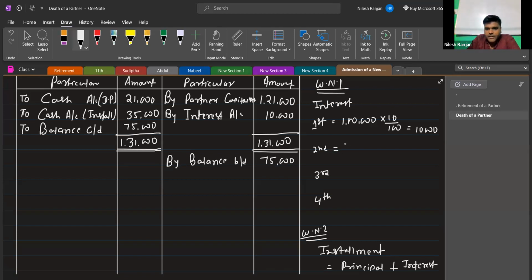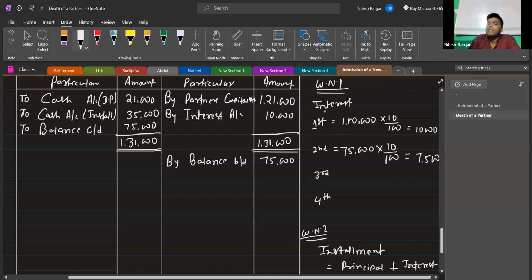Very good. Whatever you are thinking, you can say it. Either it will be correct or incorrect. If it is correct, I will tell you. If it is incorrect, then I will teach you how to calculate. So you should give some answer. So 75,000 into 10 by 100, it is 7,500.